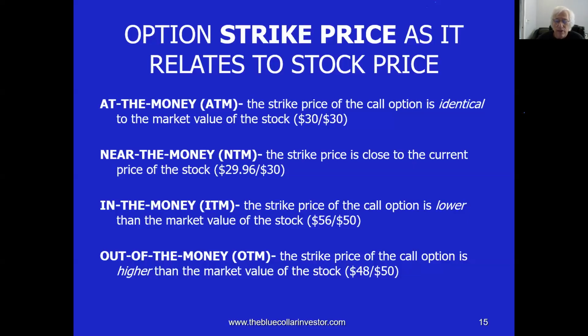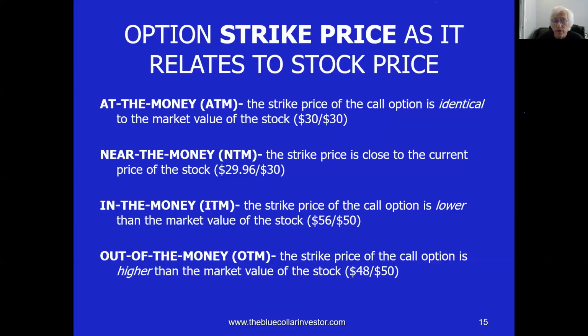This is by far the most popular of all the strike prices, where it's higher than current market value. And that's the one that I used in the preview example. If you recall, we bought the stock at 48 and agreed to sell it for 50. Now, the reason it's so popular is that we can generate two income streams with the same stock, with the same cash investment in the same month.